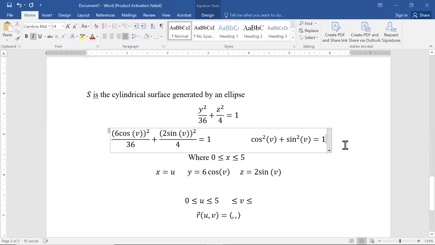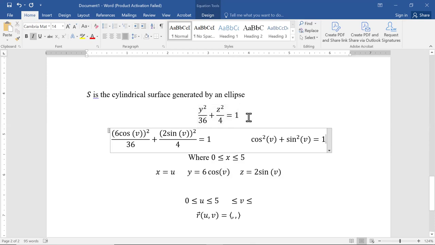All right, it's a trig identity that comes from the unit circle. So that's what I'm going to let my y be, and that's what I'm going to let my z be in order to have this equation always hold true.